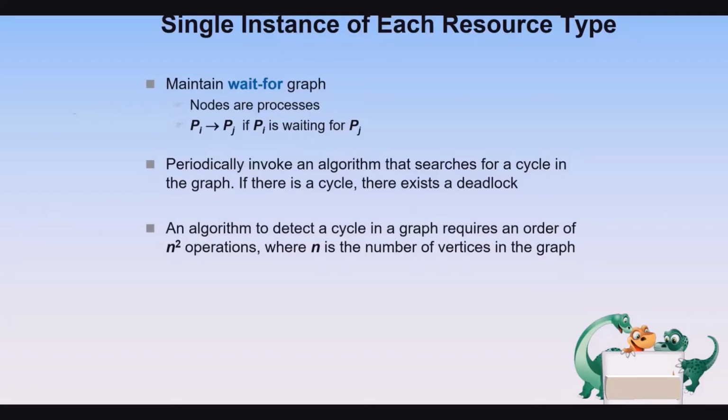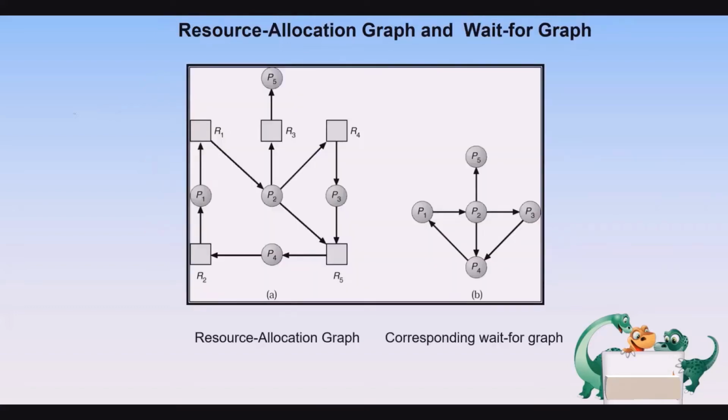The wait-for graph contains nodes corresponding to processes, and directed edges corresponding to a resource held by one process and desired by the other. So let's get the resource allocation graph and the wait-for graph here. This is the resource allocation graph and this is the corresponding wait-for graph.